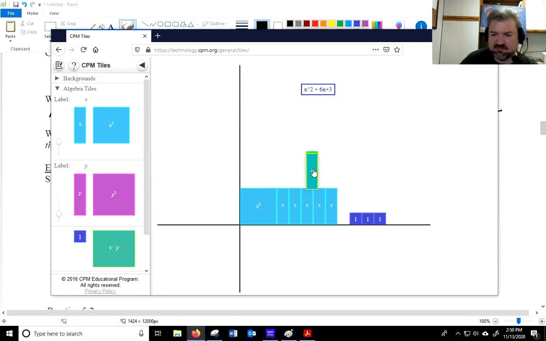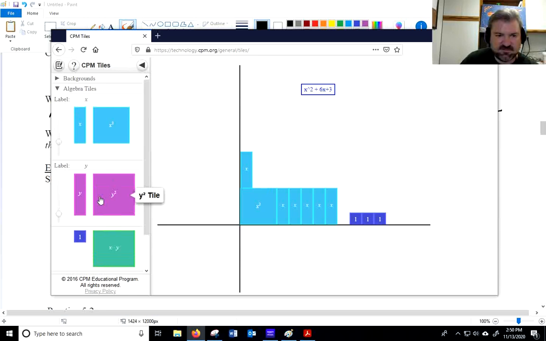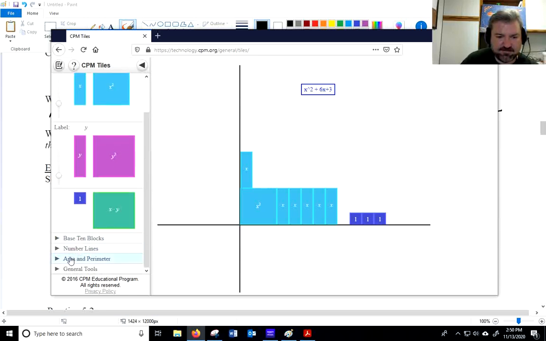Well, the first thing I'm going to do is turn this sideways, which, of course, they're not letting me do. Maybe I have to go somewhere else to do that.